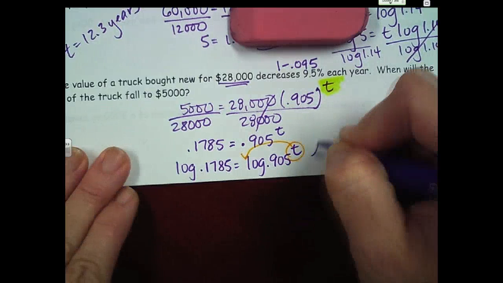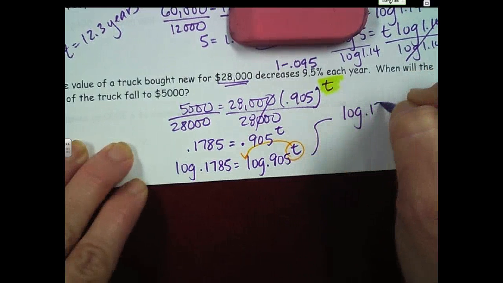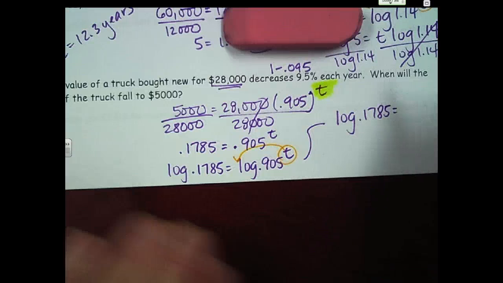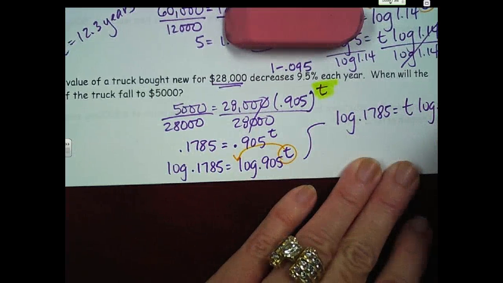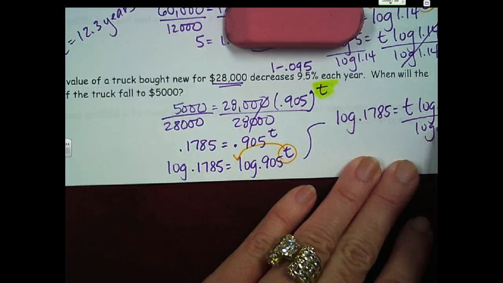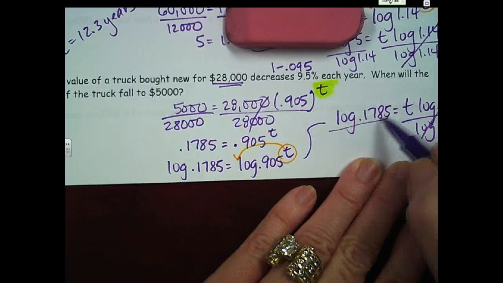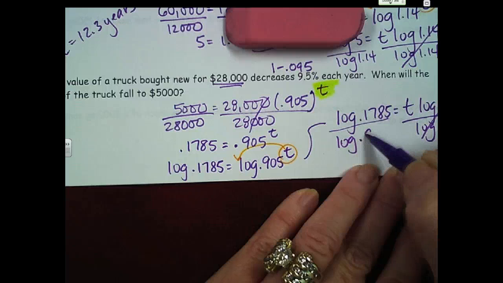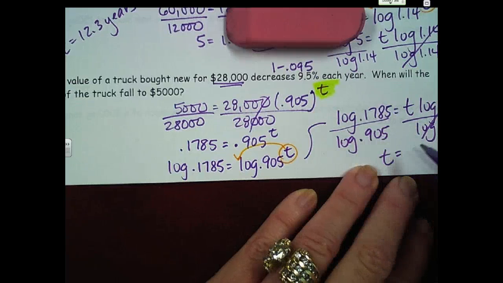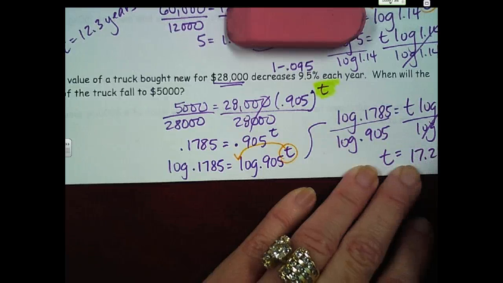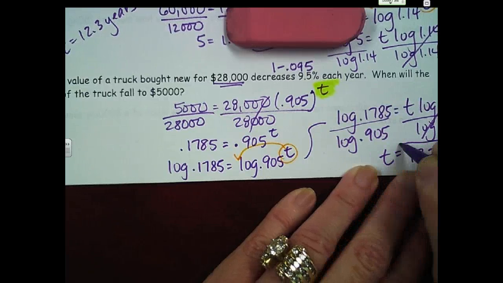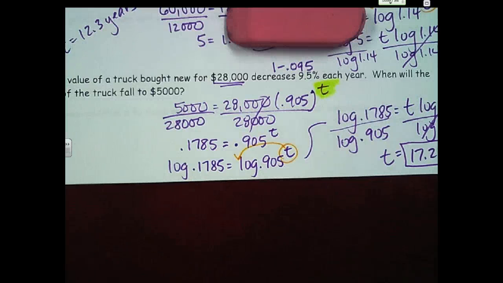So what you have is log of 0.1785 equals t log 0.905. 17.25 years. That's very good.